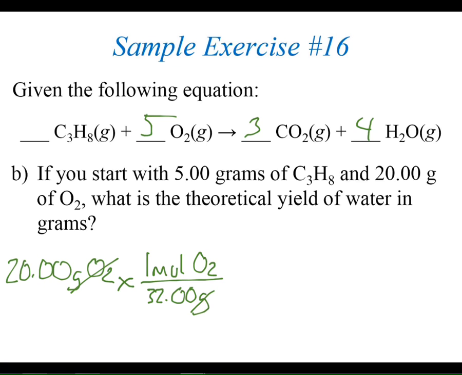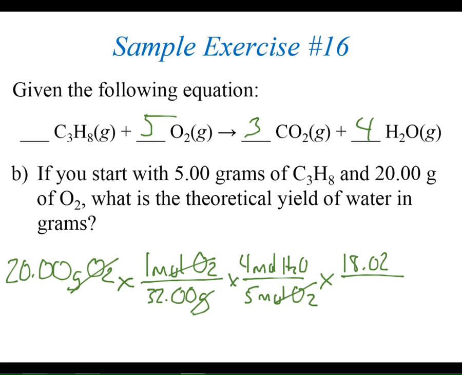So use that mole to mole ratio. 5 moles O2 on the bottom. 4 moles H2O on the top. And then we want mass, so turn moles into mass. So molar mass again, 18.02 grams is a mole of water. And 9.01 grams.